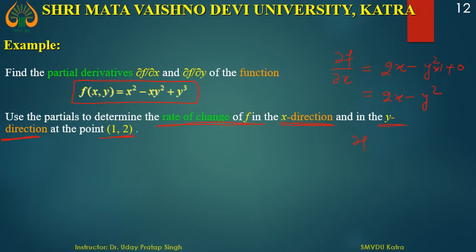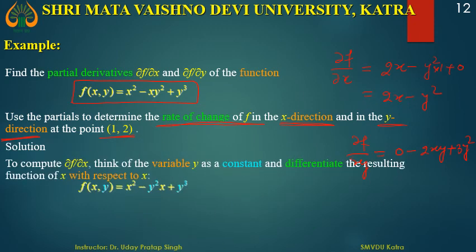This is the partial derivative of f with respect to x. Similarly, dou f upon dou y is equal to, what is the derivative of x square? 0. Minus, what is the derivative of x y square? The derivative of y square is 2y, x is constant, so 2xy. The derivative of y cube is 3y square. This is the partial derivative of f with respect to y.